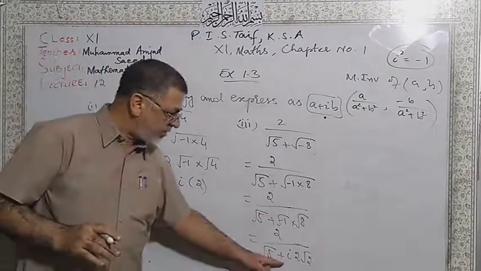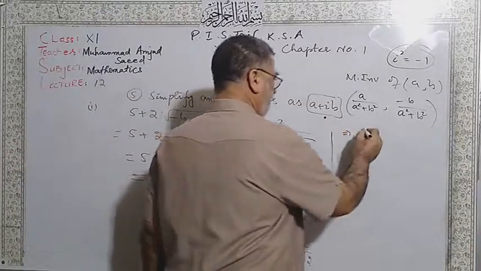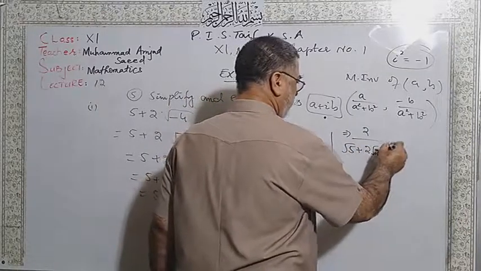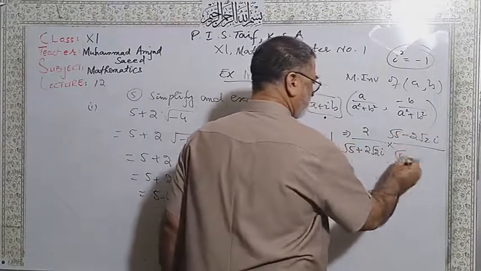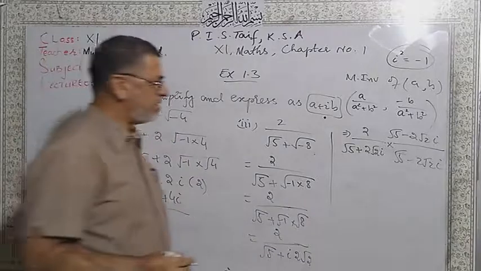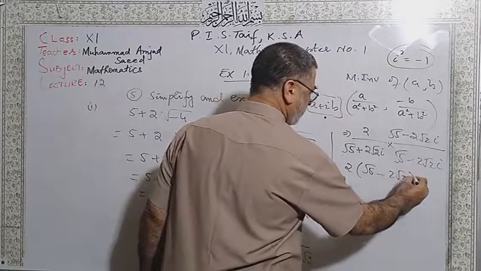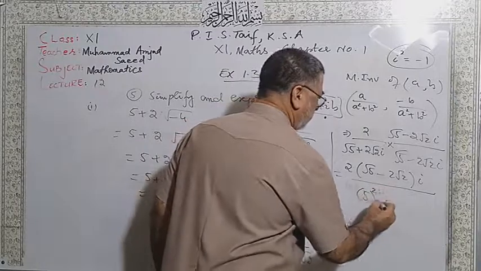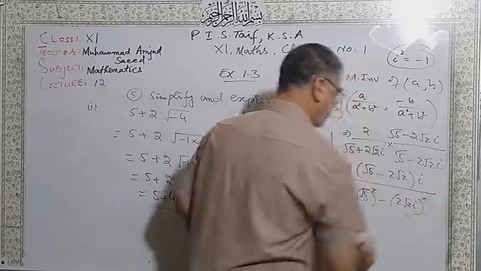Now multiply above and below by the conjugate of the denominator. We have 2 over the square root of 5 plus 2 into the square root of 2 iota, multiplied by the square root of 5 minus 2 into the square root of 2 iota. Change the sign before iota, that is your conjugate. The numerator is 2 into the square root of 5 minus 2 into the square root of 2 iota, divided by the first square minus the square of 2 into the square root of 2 iota.